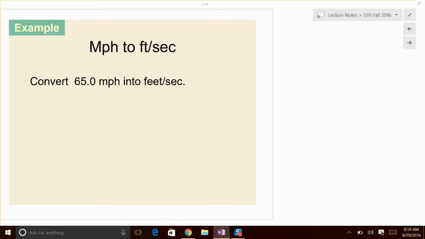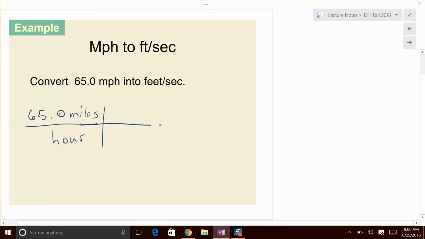Miles per hour to feet per second. So 65.0 miles per hour, and I want to go to feet per second. So what's the first conversion I'm going to use here? Okay, miles to feet.